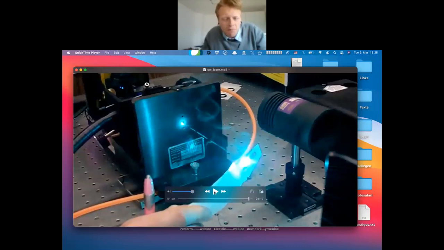One other thing is how is energy brought into the system. It's coming through a pump laser. We will see this in the video in a moment. This is where the pump laser is coming in, hits this mirror, and then is coupled into the medium by focusing the beam of the pump laser onto your dye.